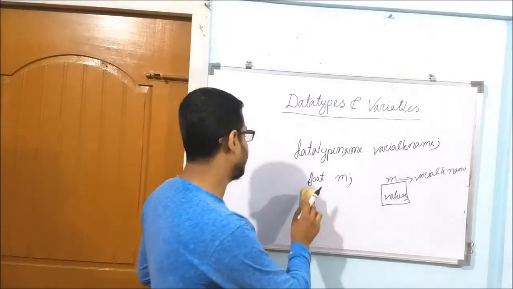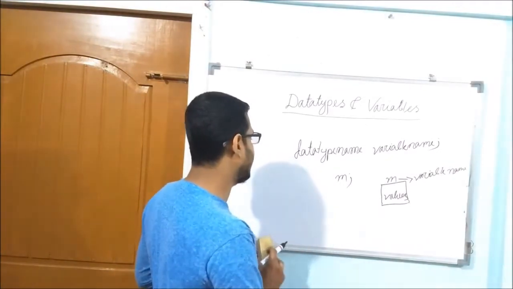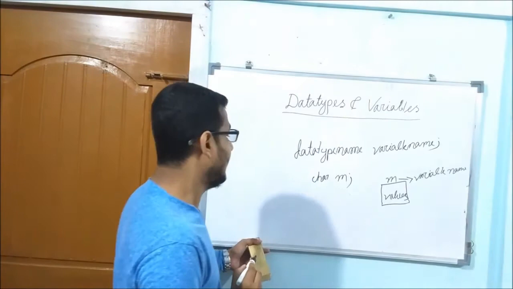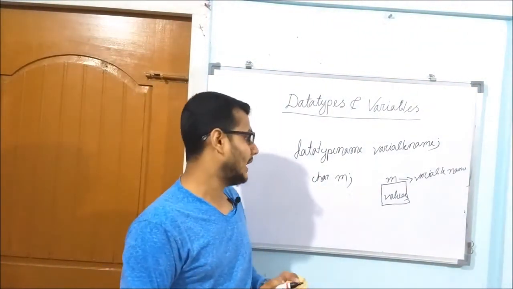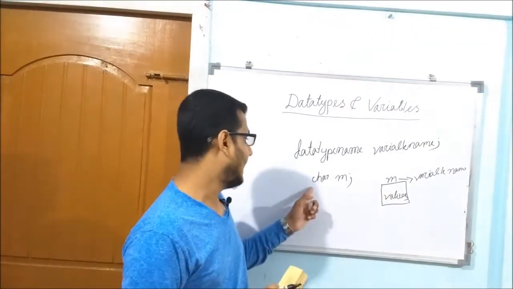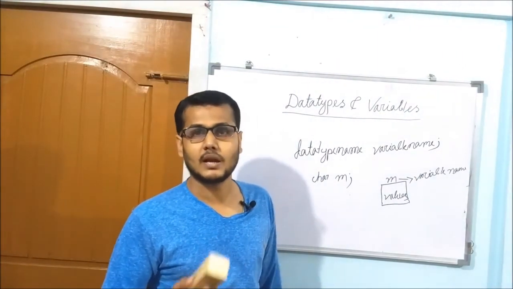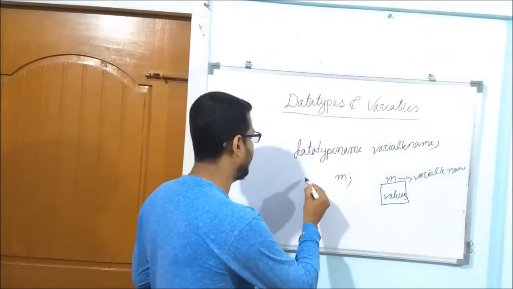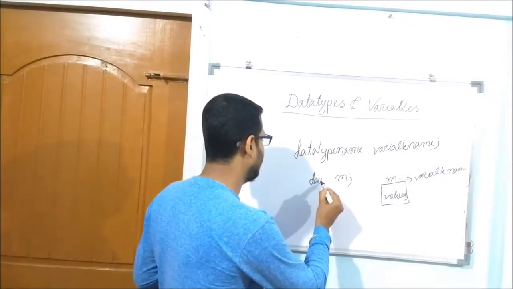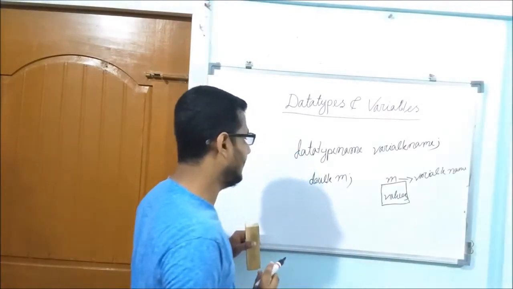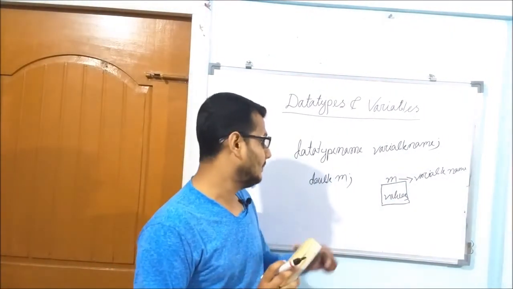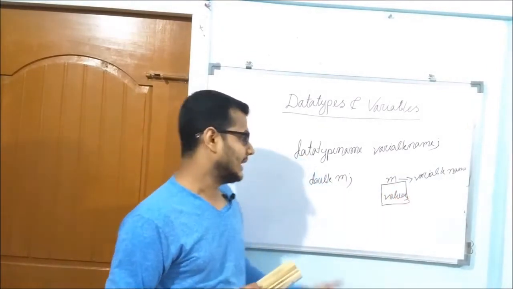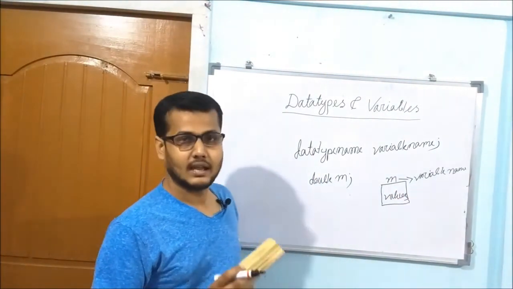But in case you declare m variable data type as char, then in computer memory 1 byte will be allocated, because char data type size is 1 byte. And if you declare m variable data type as double, then 8 bytes of memory space will be allocated for variable m, because double's data type size is 8 bytes.